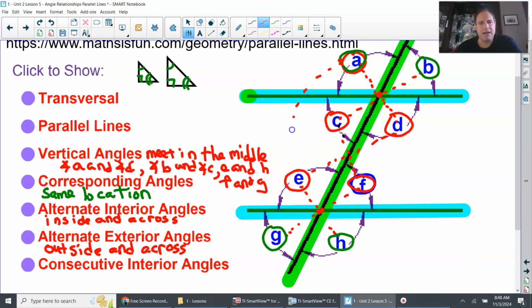Well, we have E. This student here is in the top left. This student here is also in the top left. B is in the top right. That means the same location is in the top right. That's F. D is in the bottom right. Same location, bottom right. C is in the bottom left. G is in the bottom left. Same location, corresponding angles.